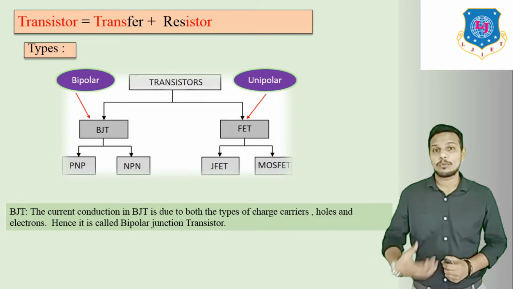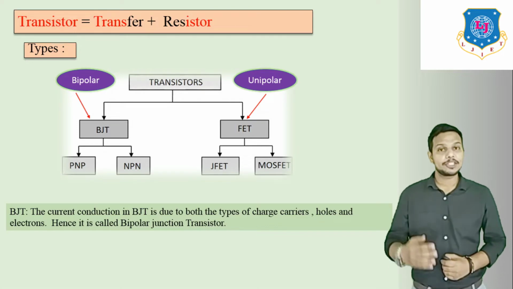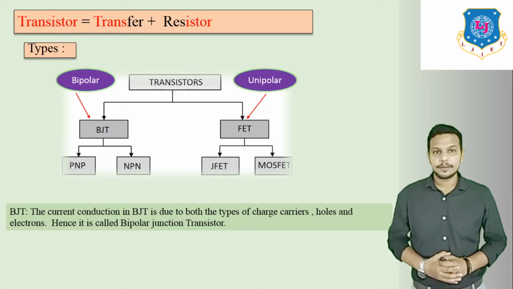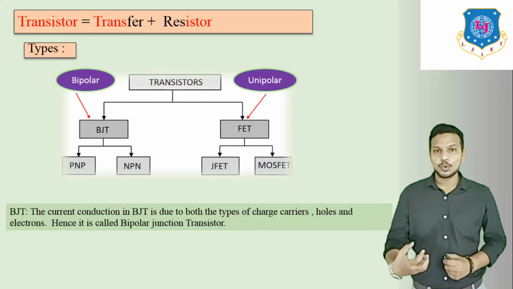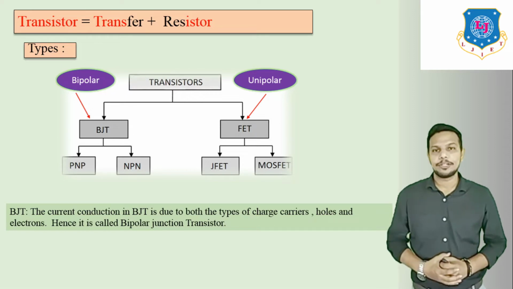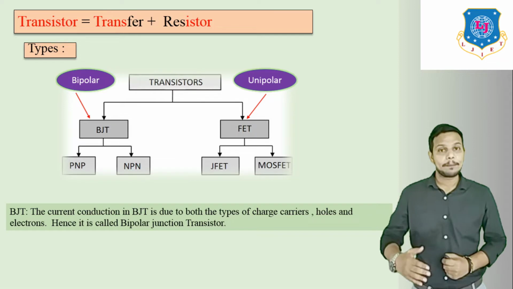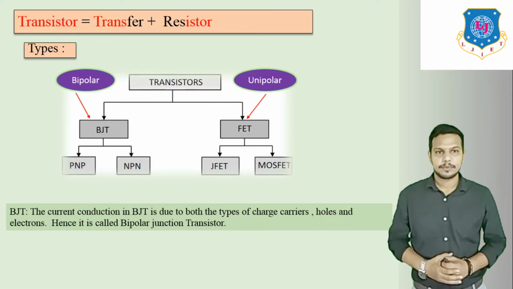So let us discuss BJT. As per its name, bipolar junction transistor, here we are going to use two carrier charges: one is majority carrier charges and another one is minority carrier charges. Due to this, it is known as a bipolar junction transistor.